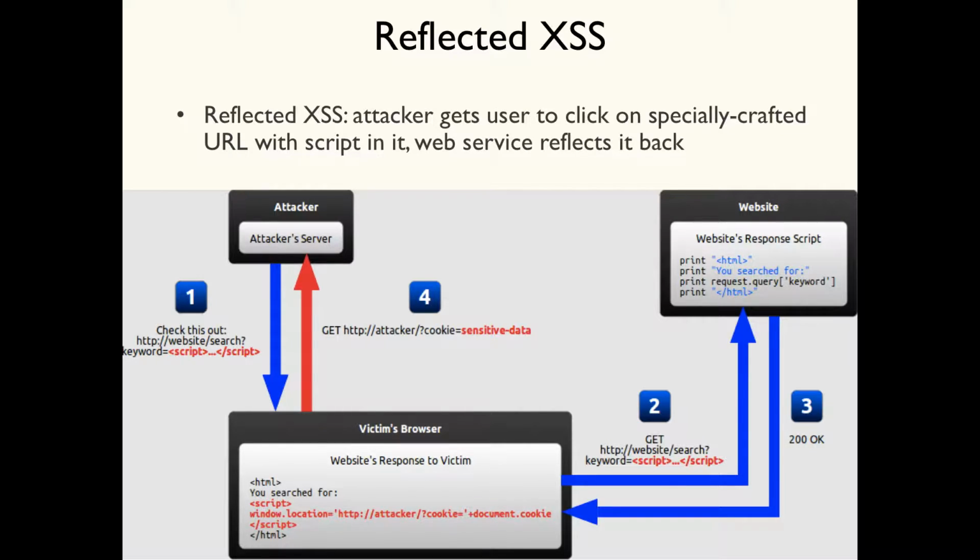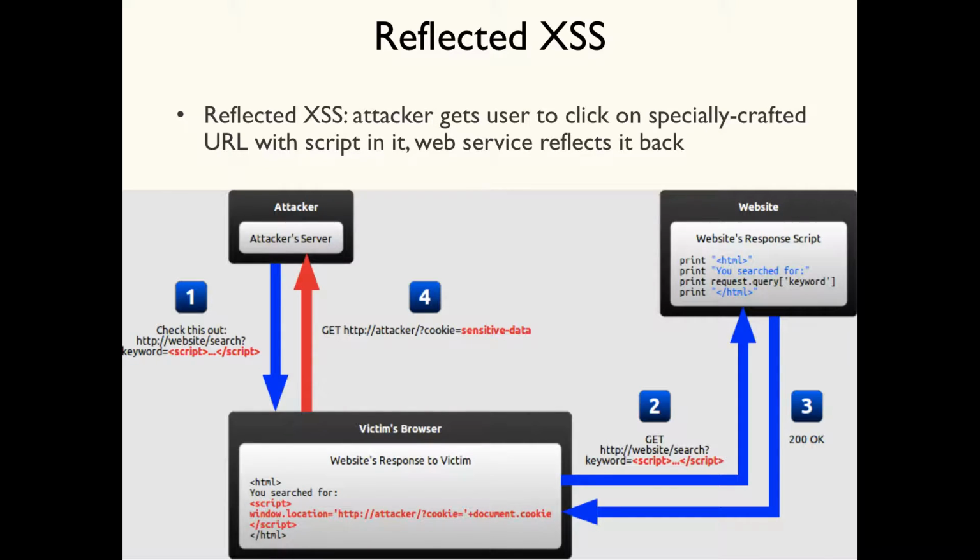First, it will put the web page returned by this website here in the browser, and also it will put the script in this web page when it renders, because it believes this script is from the website, but actually the script was provided by the victim's browser, not by the website.